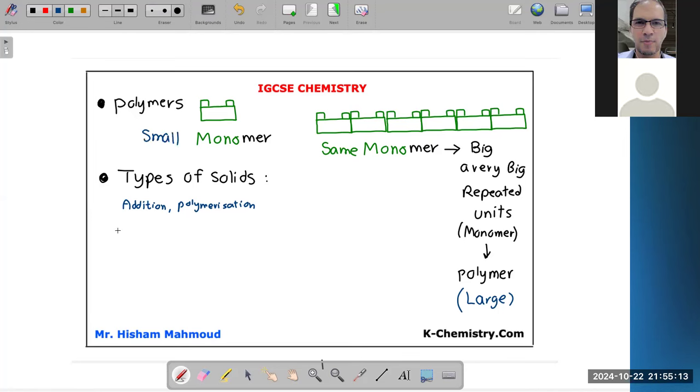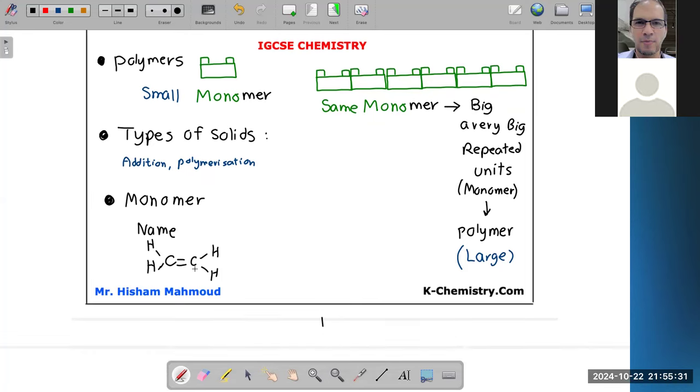Okay, so how do you name the monomers? This is a very easy job because we already have taken a lot of organic. So we know the name of the monomer, like for example, what is the name of that? Because you are a master of alkenes now, you know that this is an ethene before coming to us.